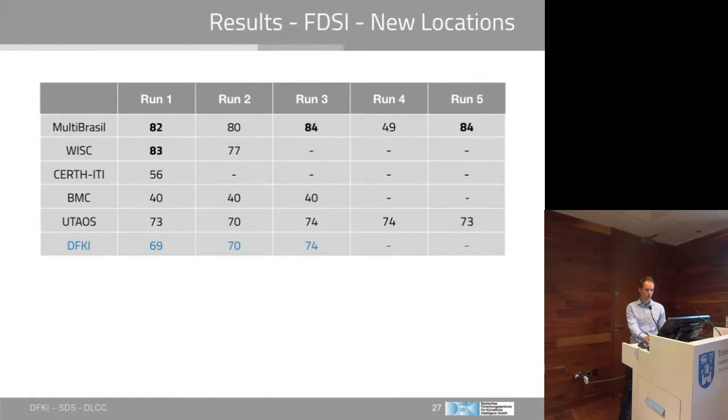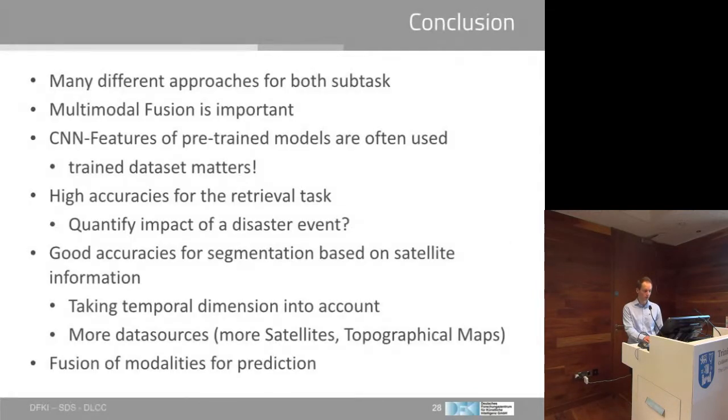The second dataset, with new locations, was to see how well the solutions generalize to new data, to new locations not covered in the development set. You also see that some of the approaches are quite similar, a bit lower, but still at around 80%. So detecting these flooded regions is possible and actually works quite well.